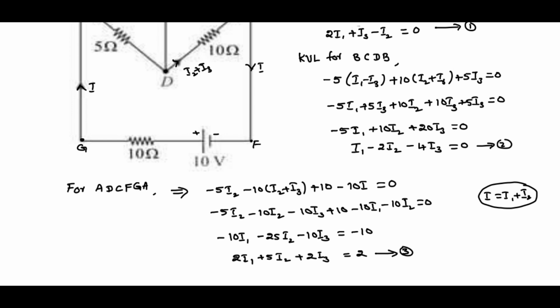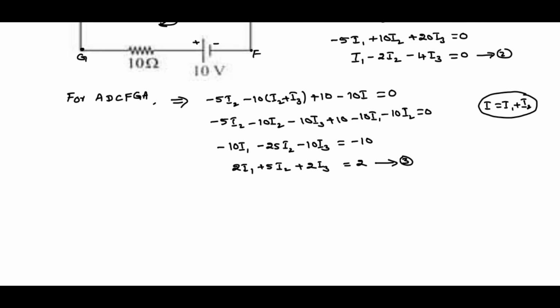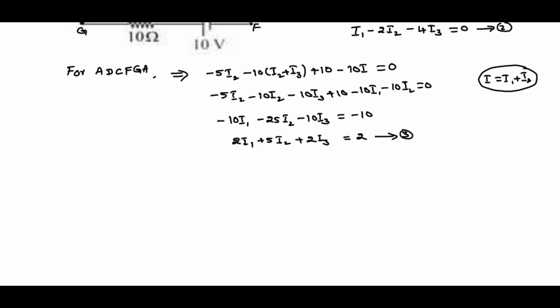Now, by solving all these three equations, equations 1, 2 and 3, we will get I1 is equal to 4 by 17 ampere.